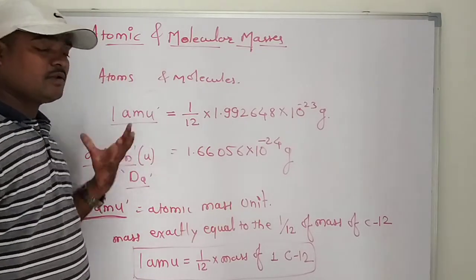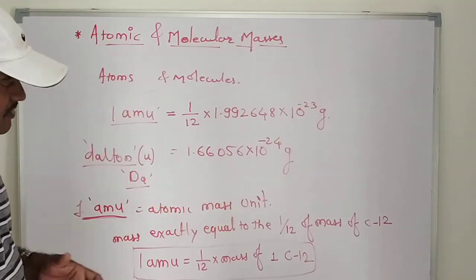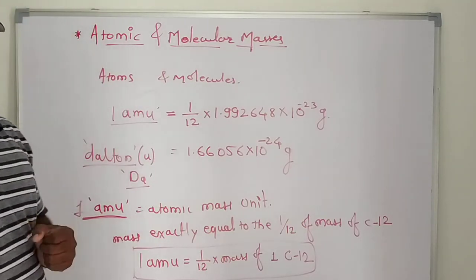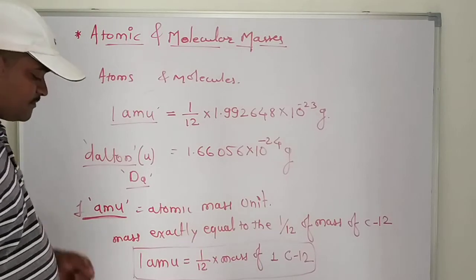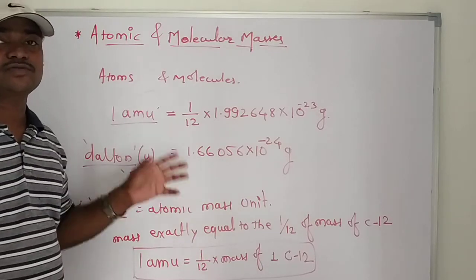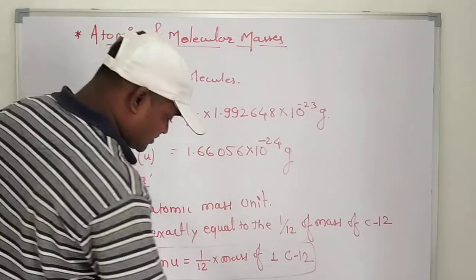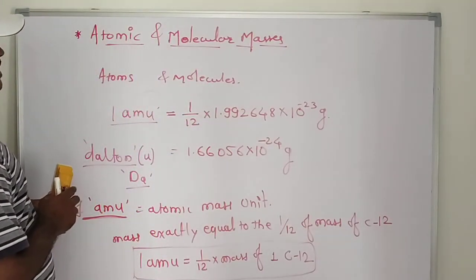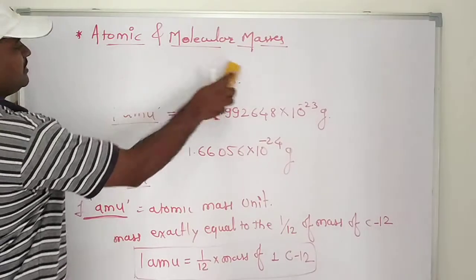So students, there are some problems based on this conversion. In your textbook they have provided some problems by substituting some values. You can solve them. After that, we are going to calculate the average atomic mass.